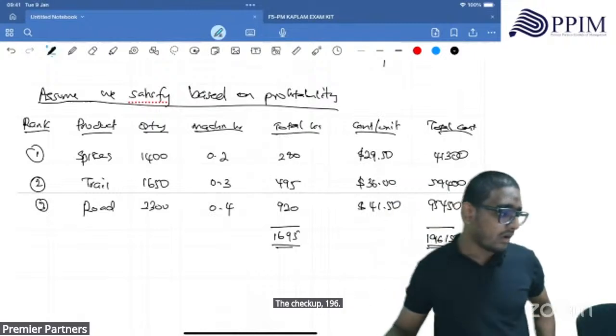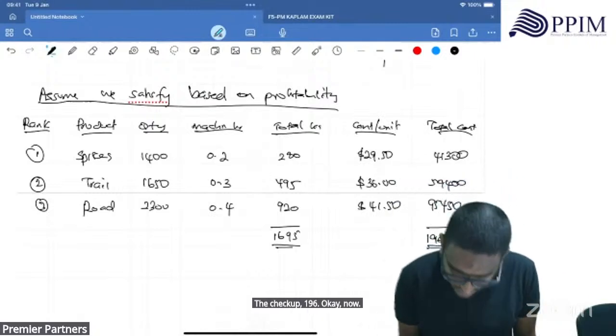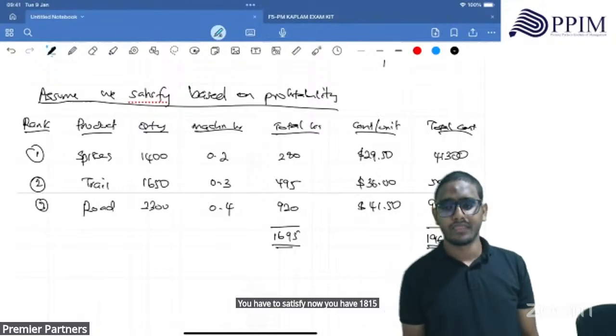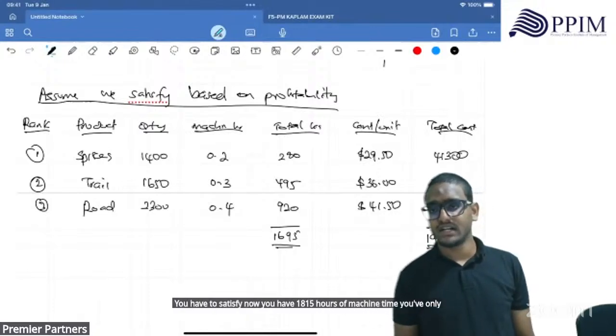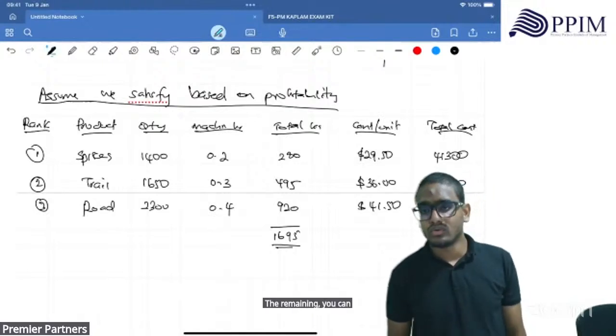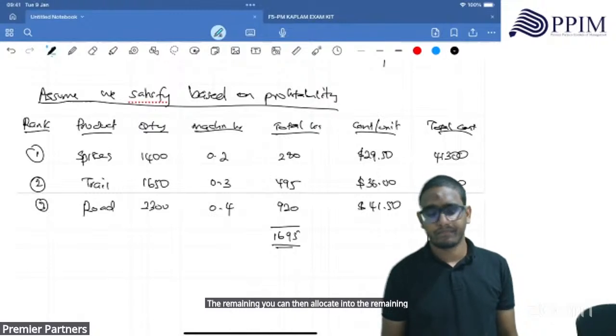Okay. Now you have 1,815 hours of machine time. You've only utilized 1,695. The remaining you can then allocate into Runwild's order.